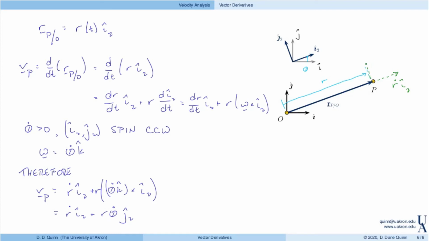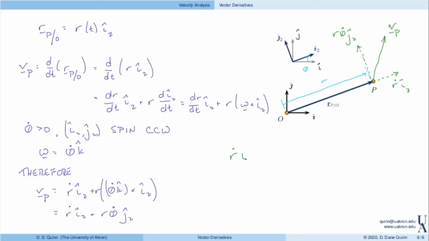And likewise, r theta dot in the J2 direction is that component. So in this case, the total velocity of P would be directed like so.